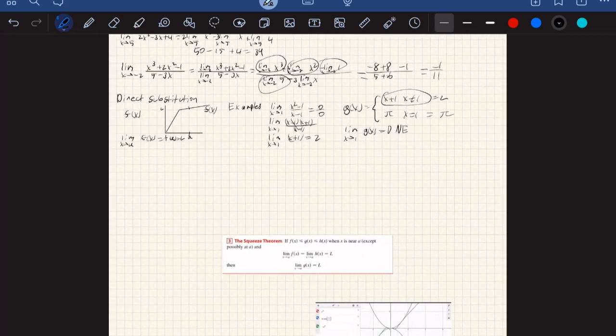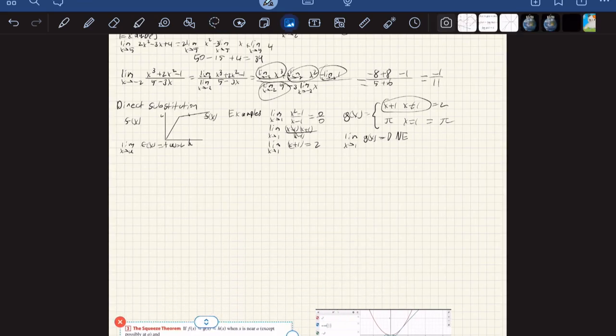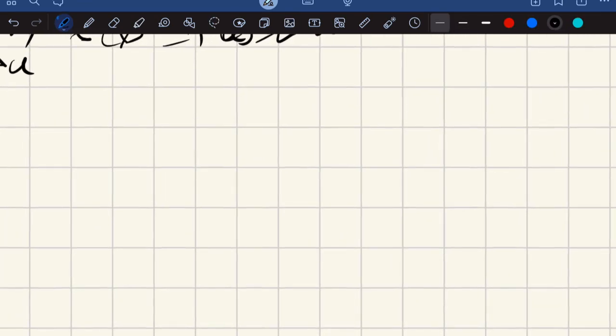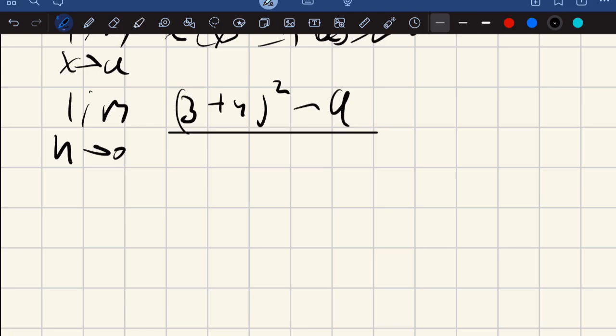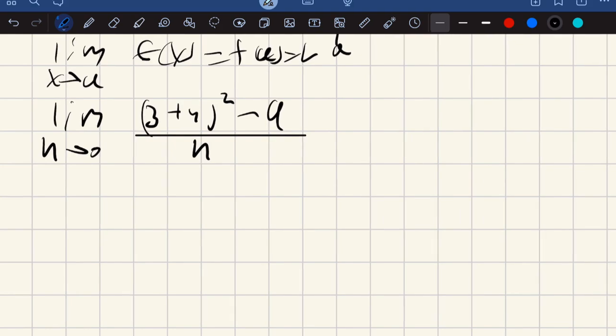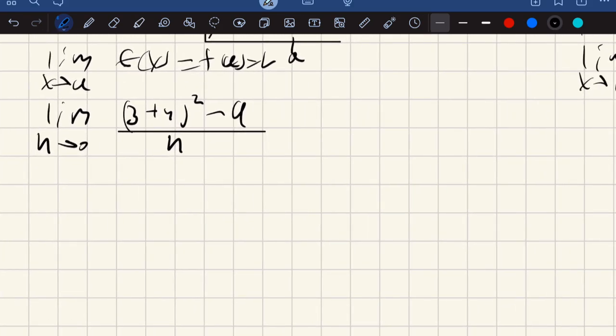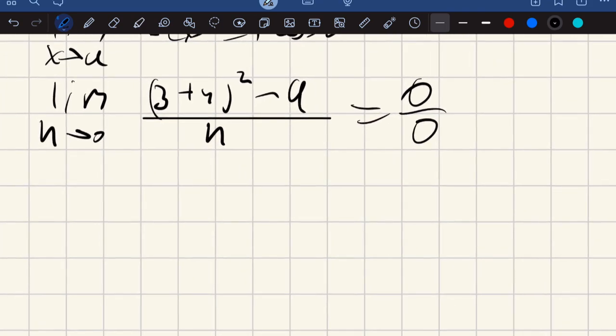Let's do another example. Another example would be the limit as h approaches 0 of (3 plus h) squared minus 9, divided by h. So when we plug in 0, again you get 0 over 0, which means we have to do some kind of algebraic manipulation here.